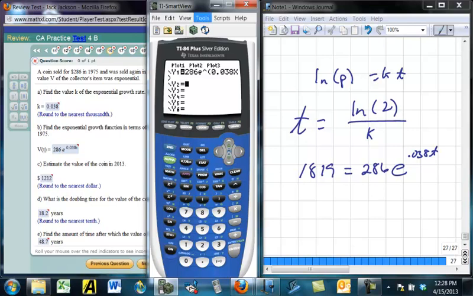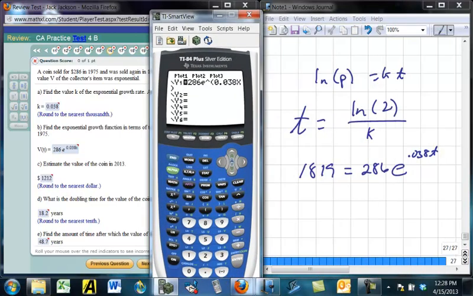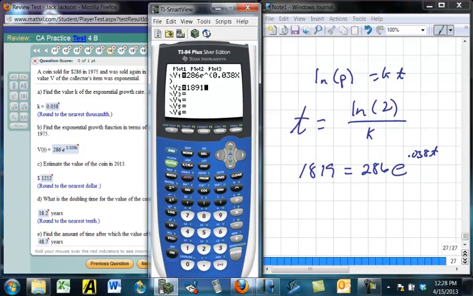And type in the value, 1,819. There we go. Graph that and find out where these two things cross each other. Oop, just barely fit on the screen. Now if it's off screen I might have to adjust, but I think I can get it from here.